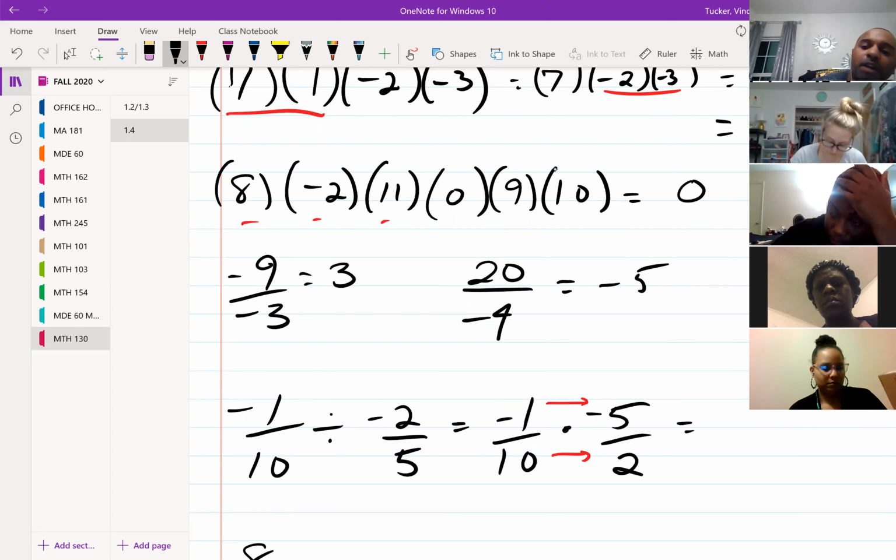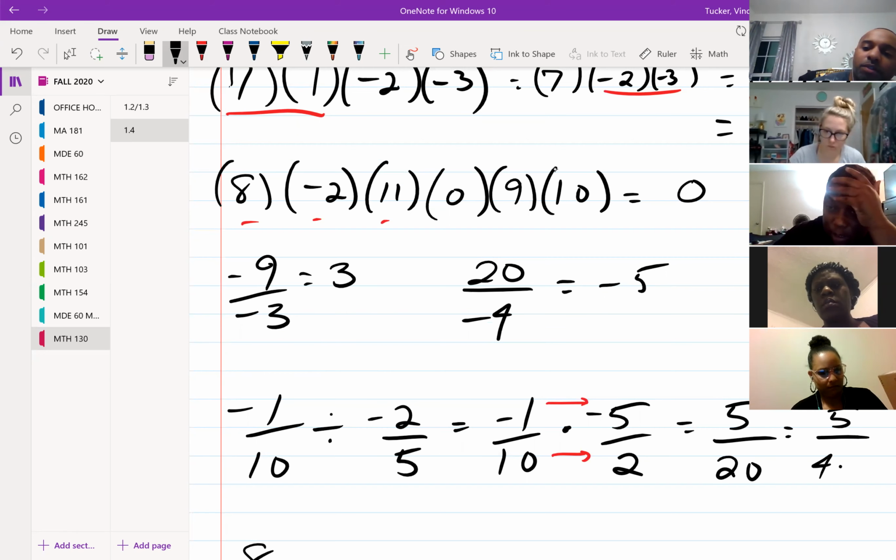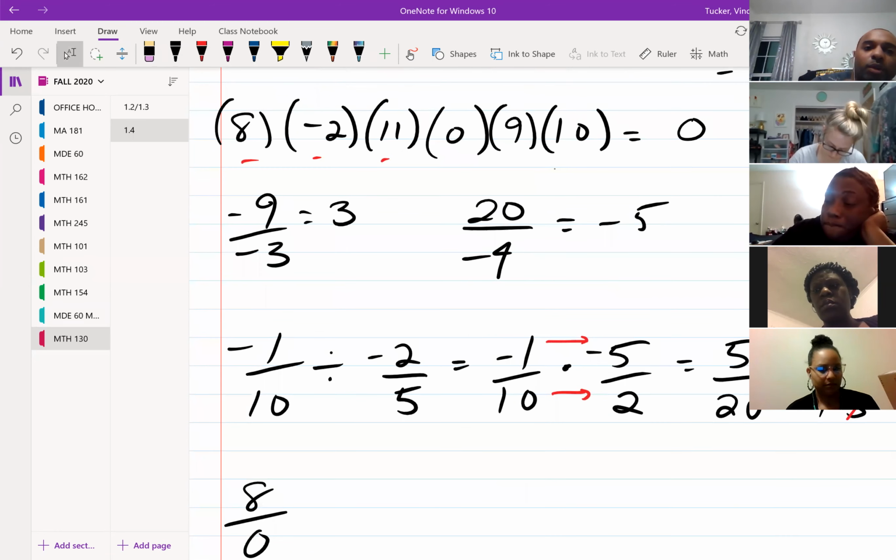Negative 1 times negative 5 is a positive 5. Down bottom, 10 times 2 is 20. And then also we can reduce this because 20 is 4 times 5. The 5s will cancel, leave you with 1 in the numerator, and that result would be 1 over 4.